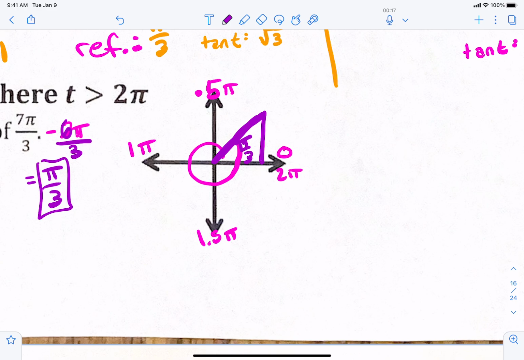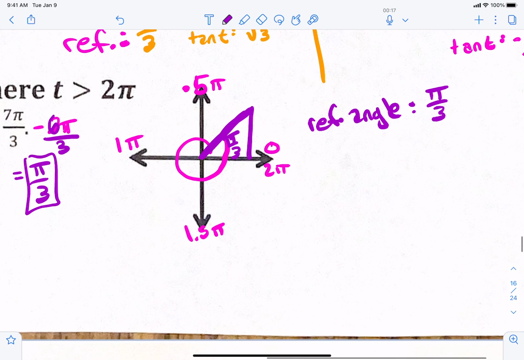If you have an angle in the first quadrant, the reference angle is the angle they give you. That's the nice thing. Reference angle is just pi over 3. I don't think they asked for a reference angle in this case, but I just wanted to point out that if you are in the first quadrant, the angle they give you is the reference angle, because you don't have to subtract or add pi or 2 pi or anything like that. Reference angle is that guy. Okay? It just is what it is, all right?